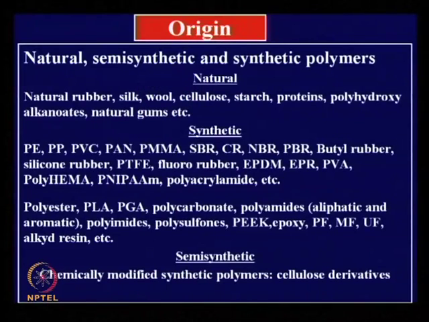Next comes semi-synthetic. Now, you have seen what are synthetic polymers, you have seen what are natural polymers. So, if we carry out certain kind of chemical modification on a natural polymer, we call it a semi-synthetic polymer. Say cellulose is a natural polymer, we can make derivatives of cellulose, say cellulose nitrate.